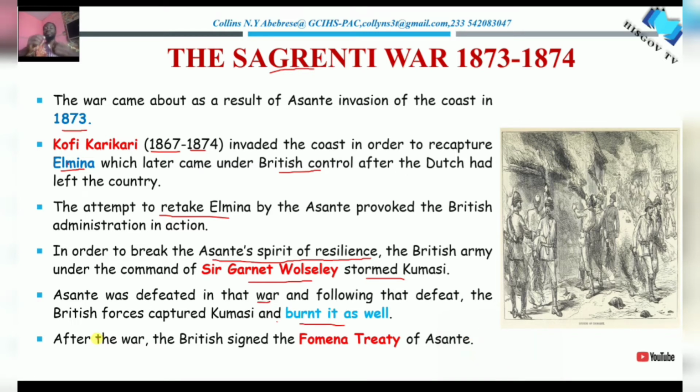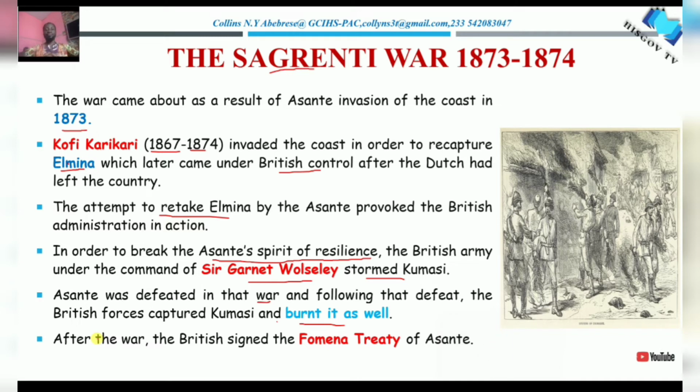The treaty was drafted in Fomena, but it was not signed in Fomena. Bear that in mind. The terms of the treaty were drafted in Fomena, but the signing was done in Cape Coast. So that is why the treaty became known as the Fomena Treaty.